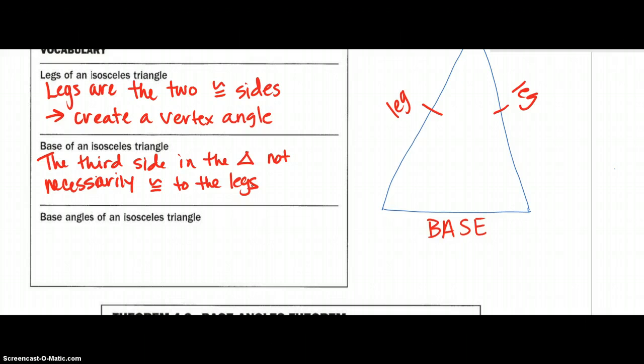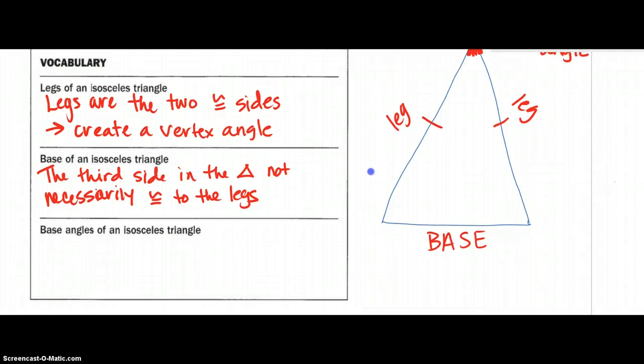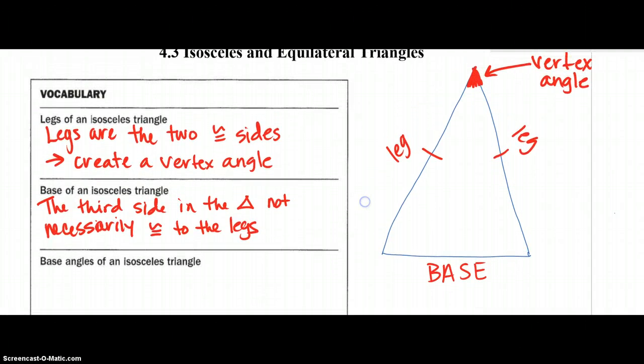And then lastly in our vocabulary chart there we have base angles, okay? So we have the vertex angle and then we have the base angles. And those are the two angles created by the base and a leg.